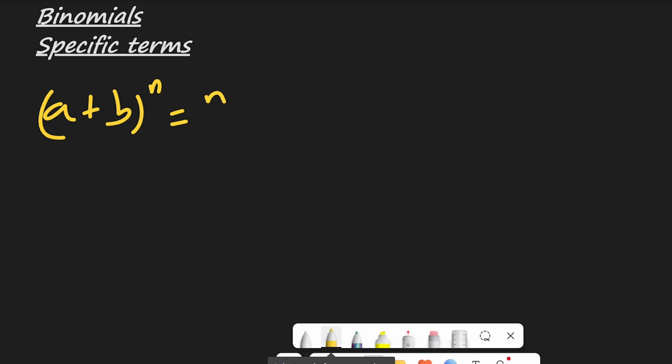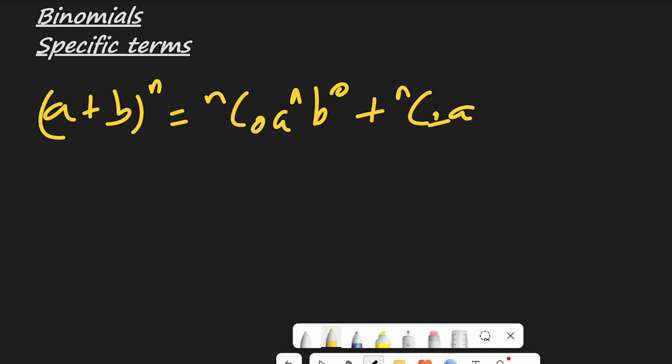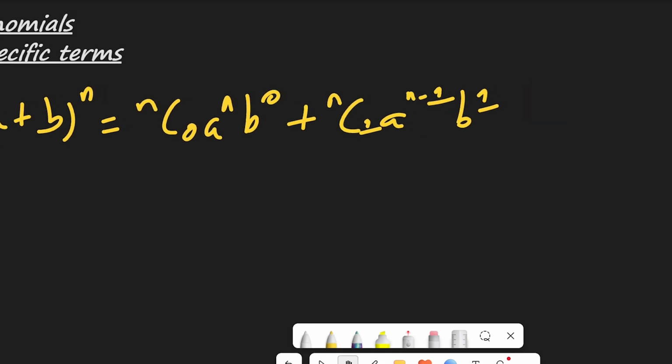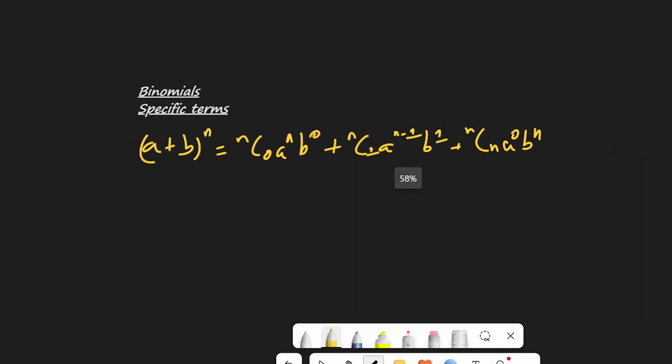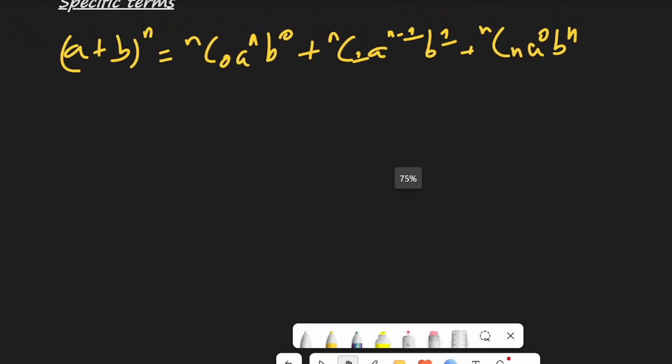First of all it would be nC0 a^n b^0 plus nC1 a^(n-1) b^1, and now the b power increases and the a power decreases until it becomes nCn, which means that r is now equal to n, and then it would be a^0 b^n. Okay, so that is how the expansion is done.